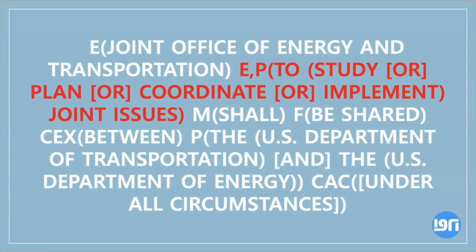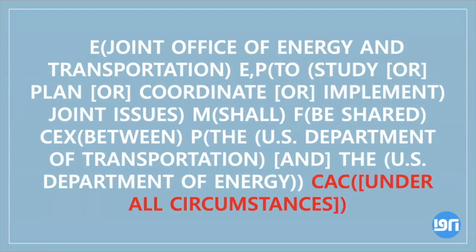While coding, we've introduced ORs into the constituted entity properties to express the different activities in which the joint office may be engaged at any given time. We don't use an AND annotation, as that would imply that the joint office was performing all these activities simultaneously. We've also removed articles like a and the. We've also added under all circumstances as an implied activation condition.